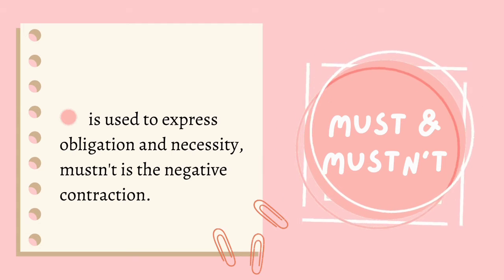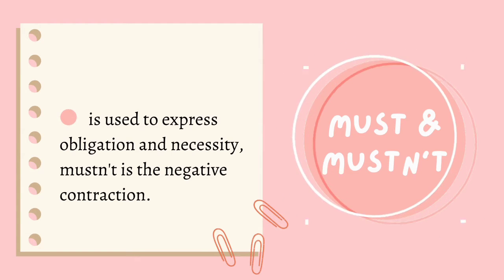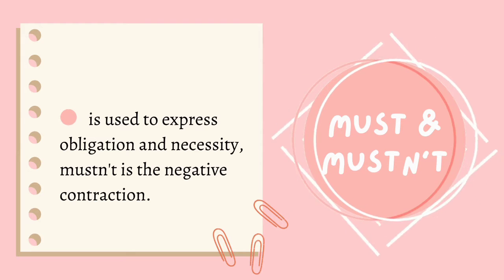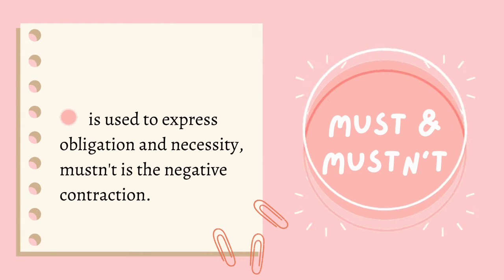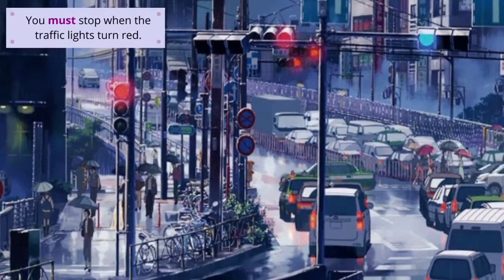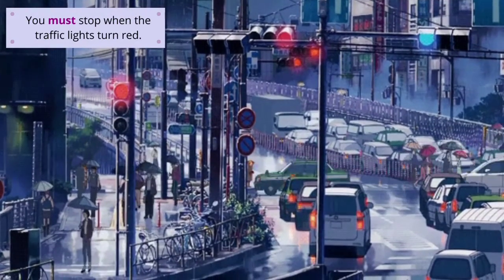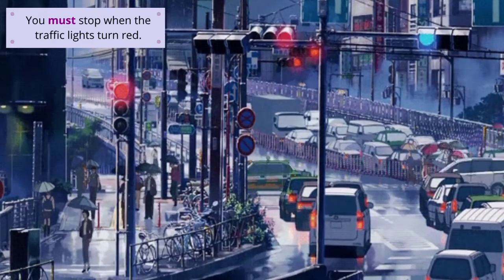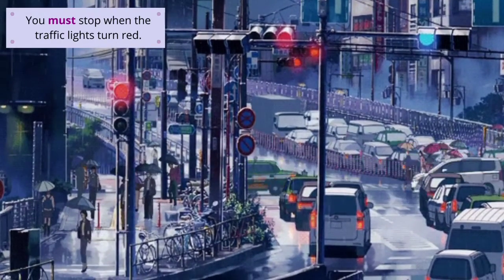Must is used to express obligation and necessity. Mustn't is the negative contraction, meaning to show that something is prohibited or not allowed. For example, you must stop when the traffic lights turn red.